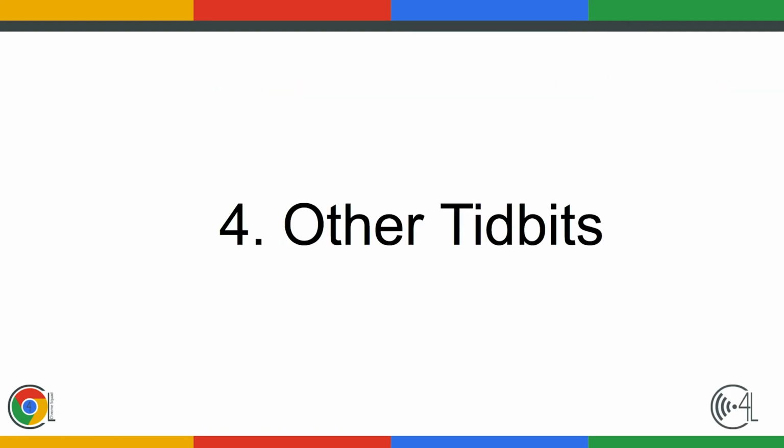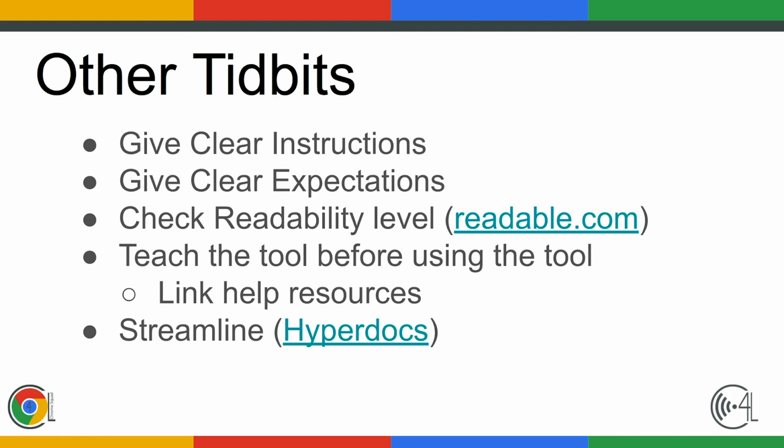All right, so finally, some other tidbits to keep in mind as you are designing blended learning. The first two kind of go together. You want to make sure that your instructions are really, really clear for both the students and the parents. If you make an assumption that the kid knows what you mean, you're going to struggle.